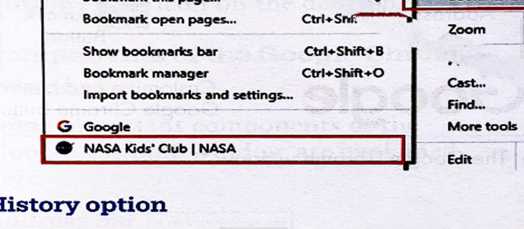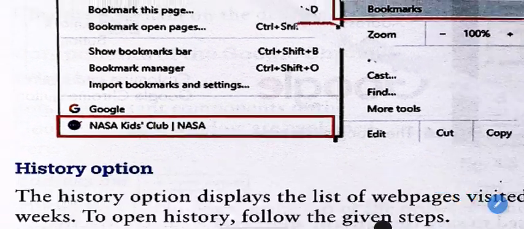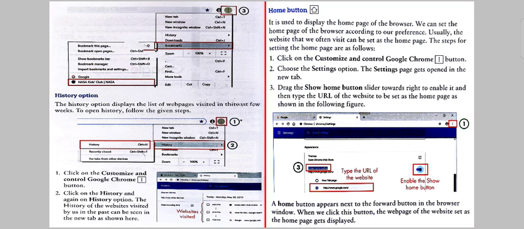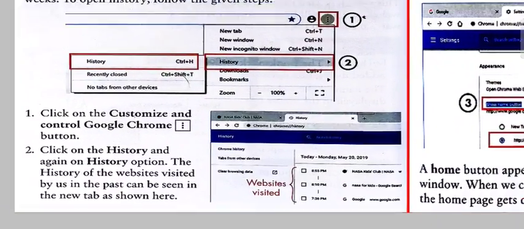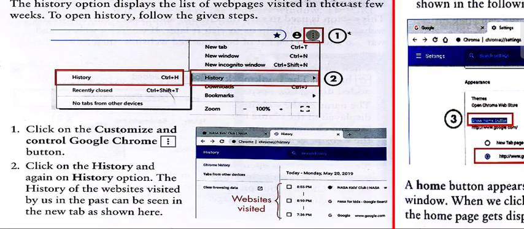Next is the history option. The history option displays the list of the web pages visited in the past few weeks. To open the history, follow the steps. First of all, you need to click on the Customize and Control Google Chrome triple dot button.